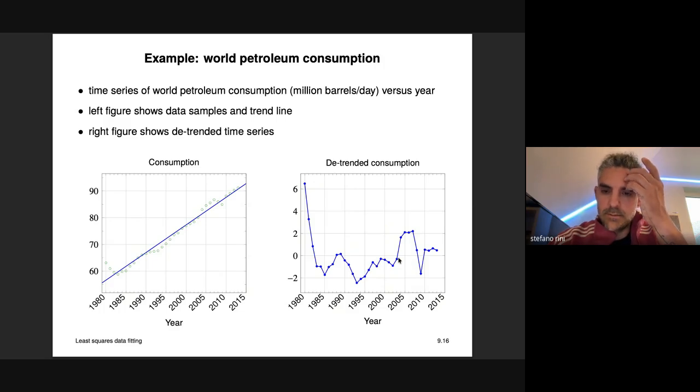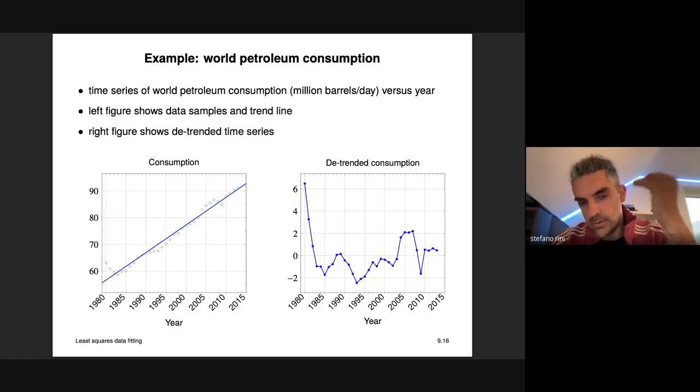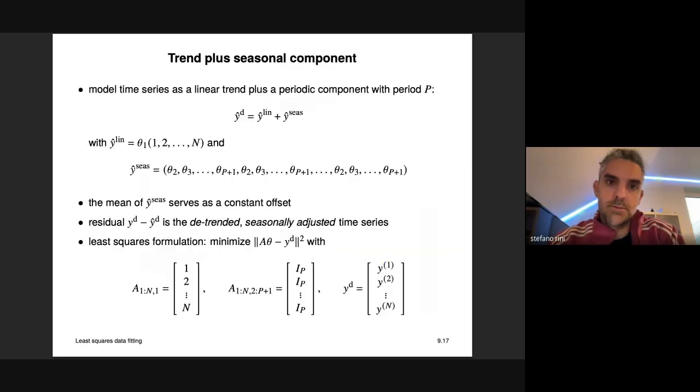And you see the various wars and OPEC and other political events, the Strait of Hormuz and others, that have affected the oil consumption, once you have removed the larger trend of increasing energy consumption. This is what we were discussing before.